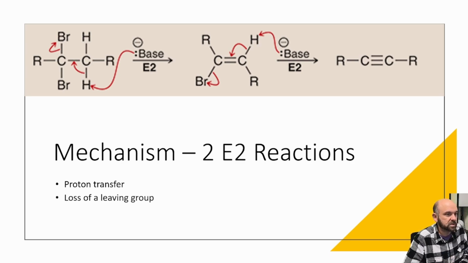We make sure we put enough base into our reaction flask, and a strong enough base, such as sodium amide, will take both protons away from that carbon, causing both of the halogens in the dialkyl halide to be lost as leaving groups, giving us the formation of two new pi bonds, giving us a triple bond.